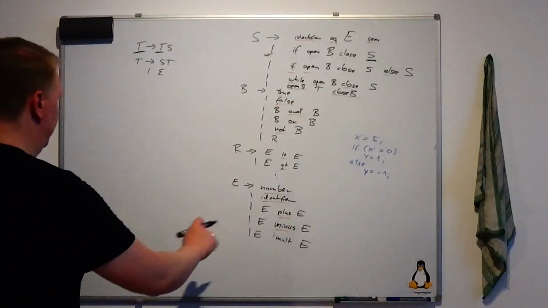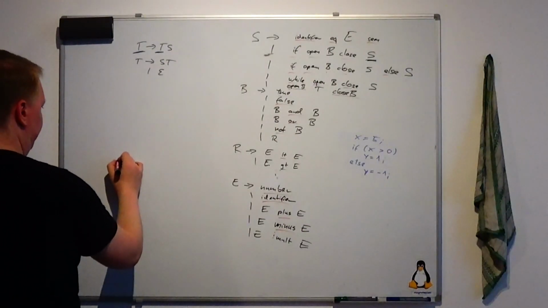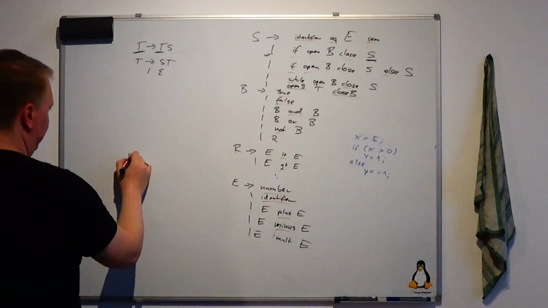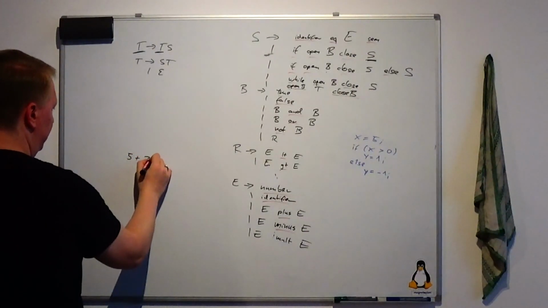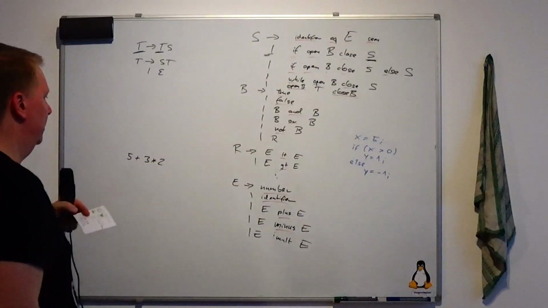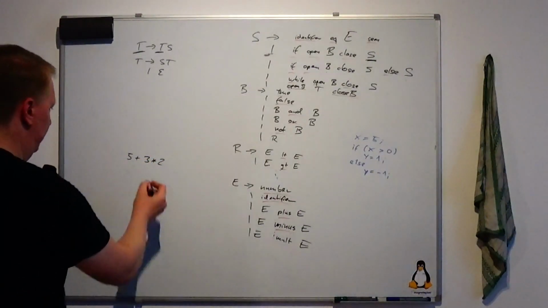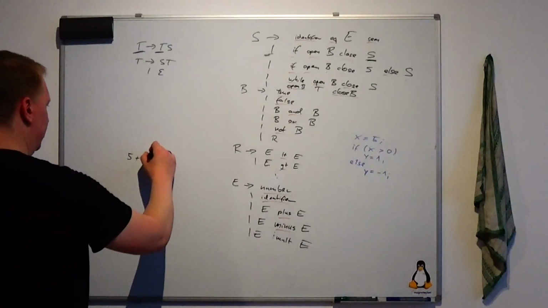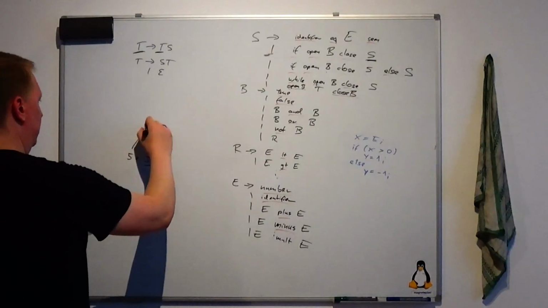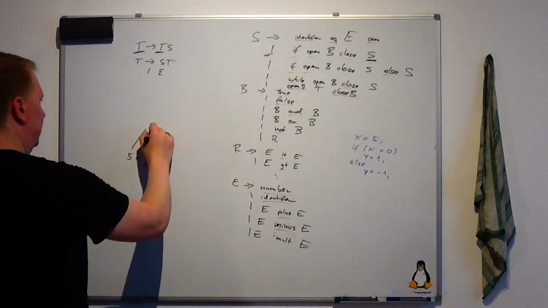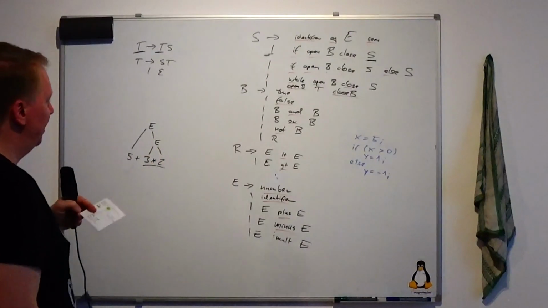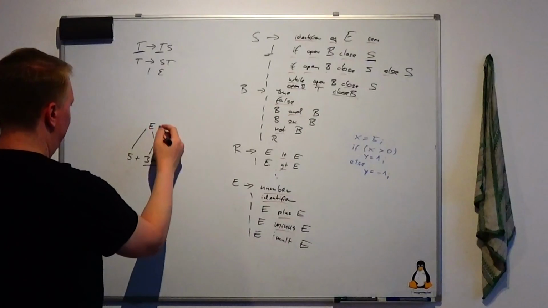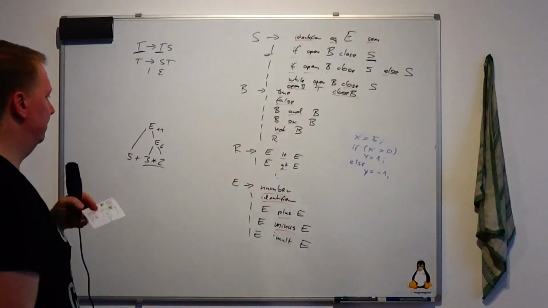Now, if you have something like this, and let's say you are now trying to parse 5 plus 3 times 2, well, the multiplication has a higher rank, so you would assume that it should be parsed like this, and then you should get 6 plus 5 is 11, right?